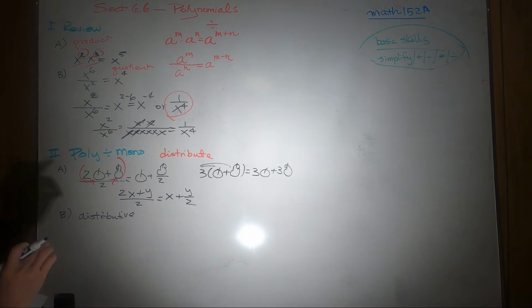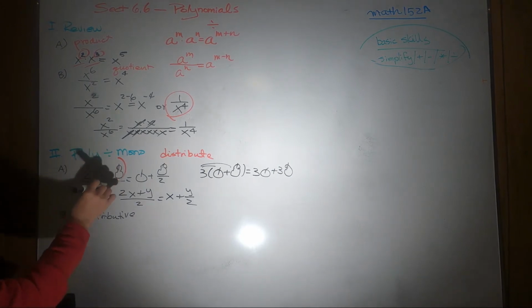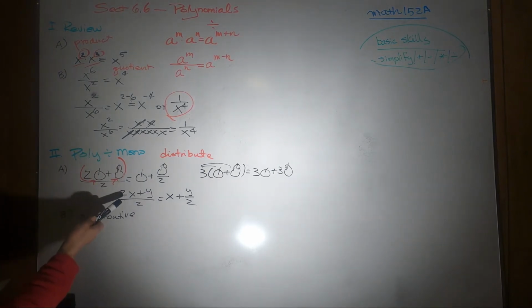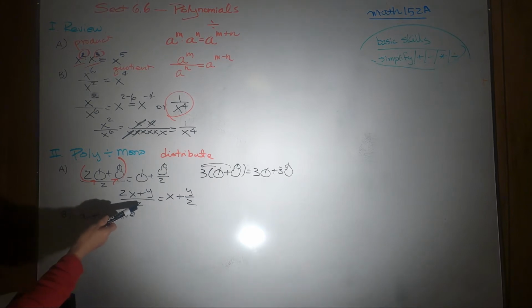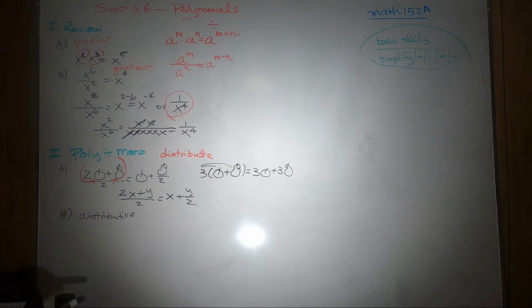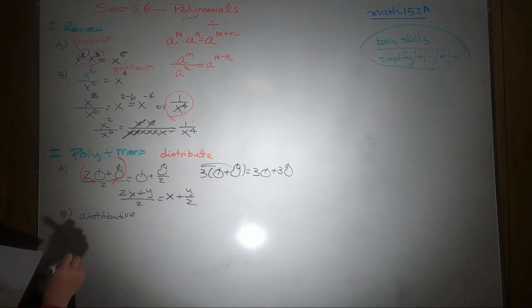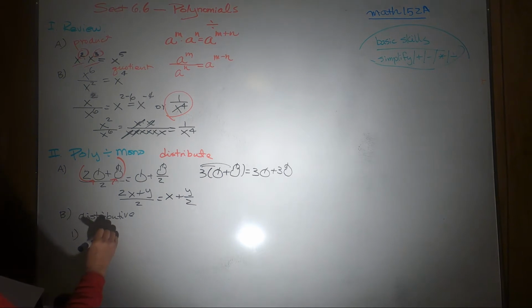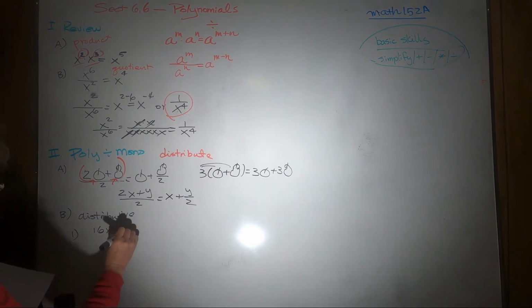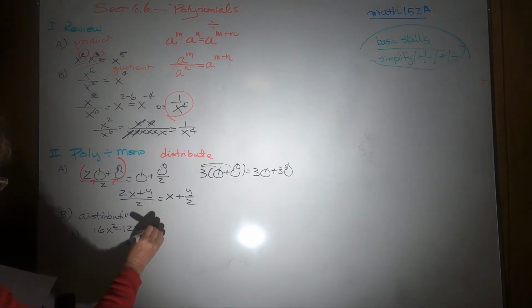If it's many things divided by one thing, this one thing has to apply to everything in the numerator, right?